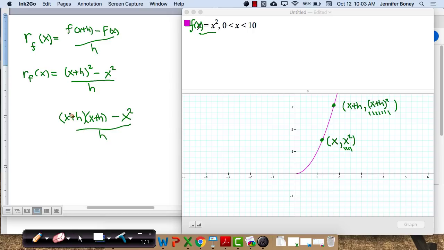So this first half of the numerator, if I were to multiply that out, remember, FOIL, distributing, we get x squared plus an xh and another xh, so two xh's, and an h squared, minus that x squared, the other half of the numerator, all over h. And you can see, I can do some simplifying, which is great, but now there's h's everywhere, which is actually good.